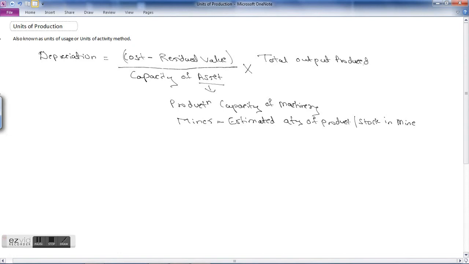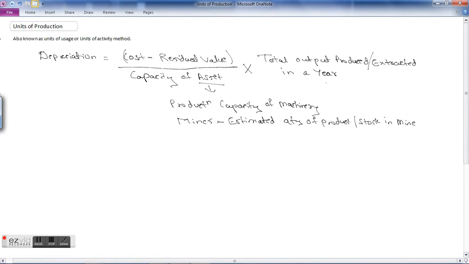So if it's a machinery, total output produced, or total output extracted if it's a mine, in that particular year. Okay, so this is a very specific method of depreciation applicable only to limited assets, right?